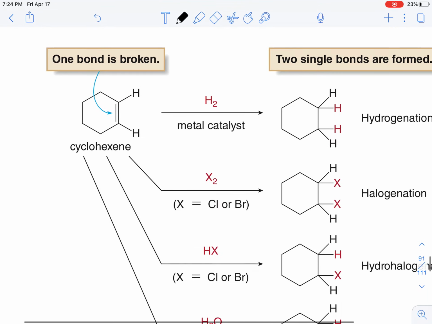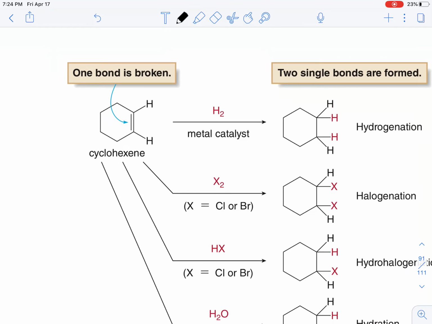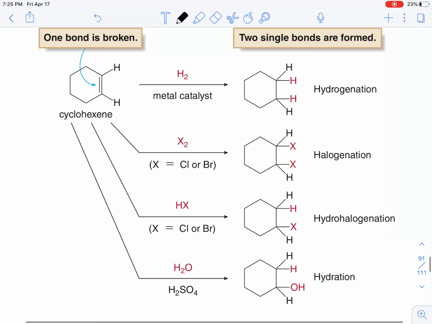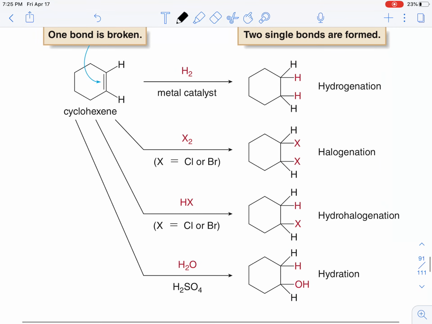The idea of addition reactions can be applied using different reagents and different reactants as well.